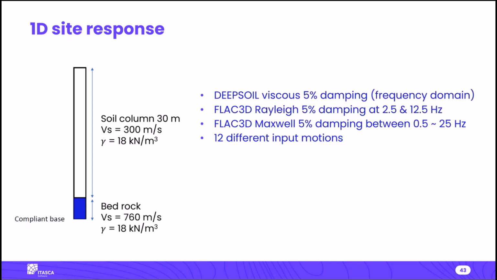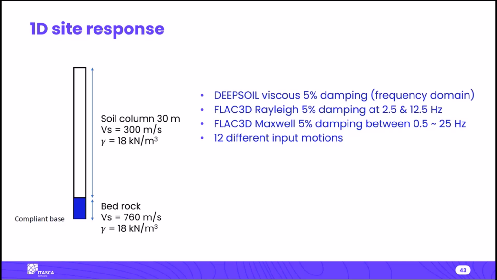The first one uses DEEPSOIL with constant viscous 5% damping, based on the frequency domain. In the second case, we use FLAC 3D with 5% Rayleigh damping. The 5% Rayleigh damping is only at 2 frequencies, 2.5 and 12.5, because the natural frequency of this soil column is 0.5 hertz. The last scenario uses Maxwell damping with 5% target damping between 0.5 and 25 hertz.